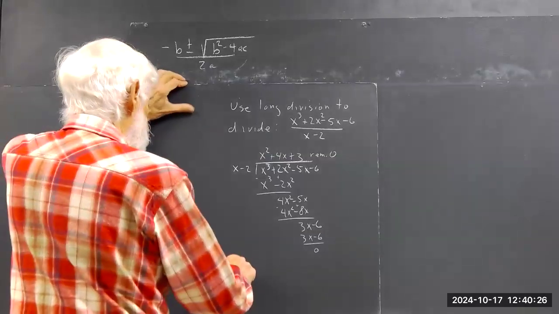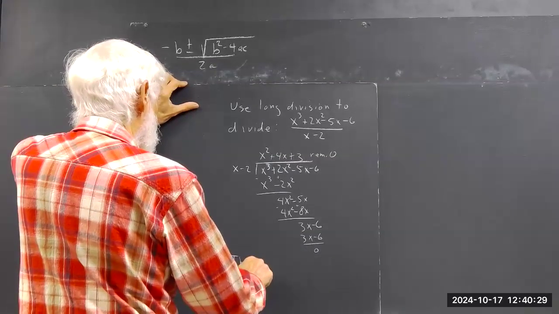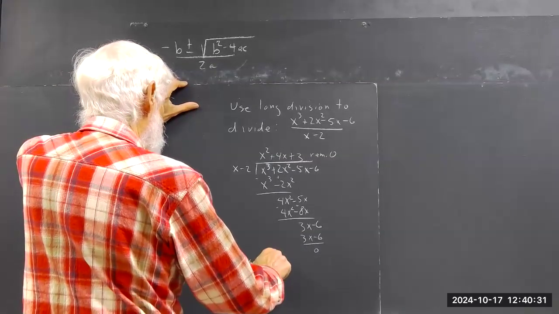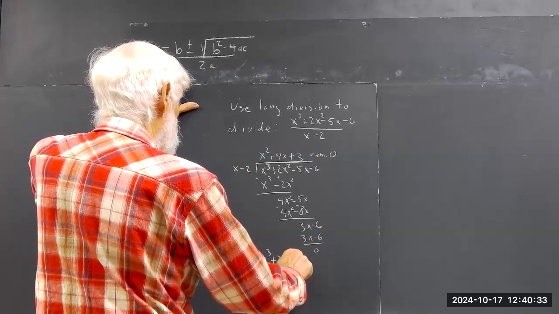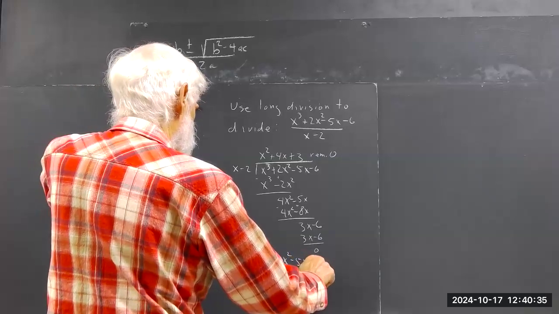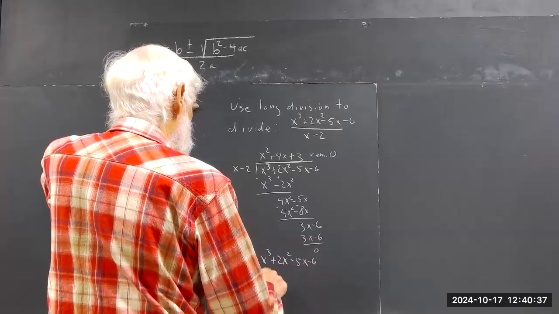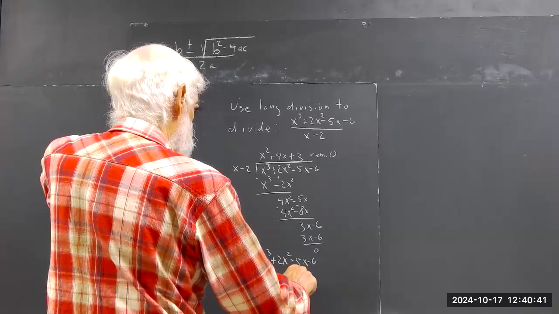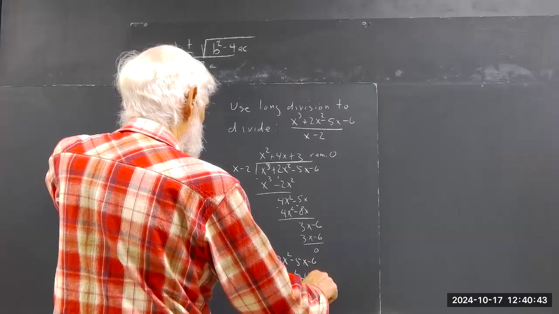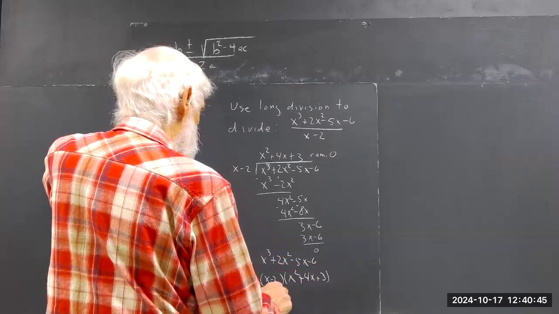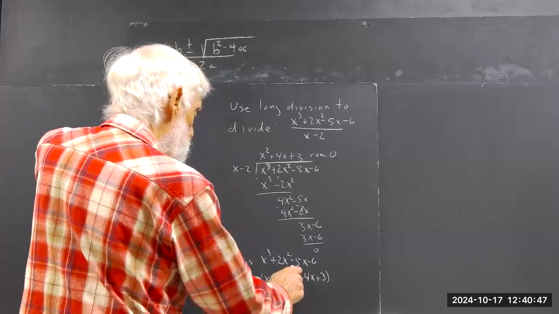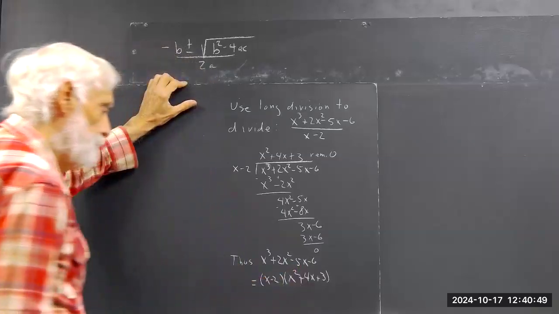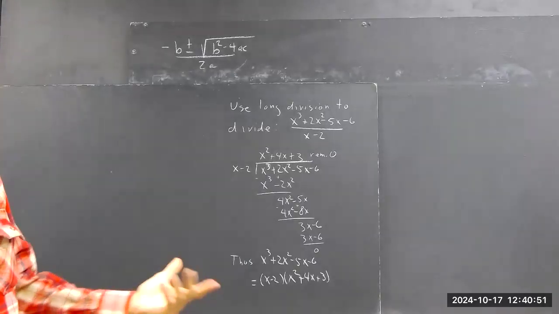Thus, x cubed plus 2x squared minus 5x minus 6 equals x minus 2 multiplied by x squared plus 4x plus 3. Okay, makes sense?